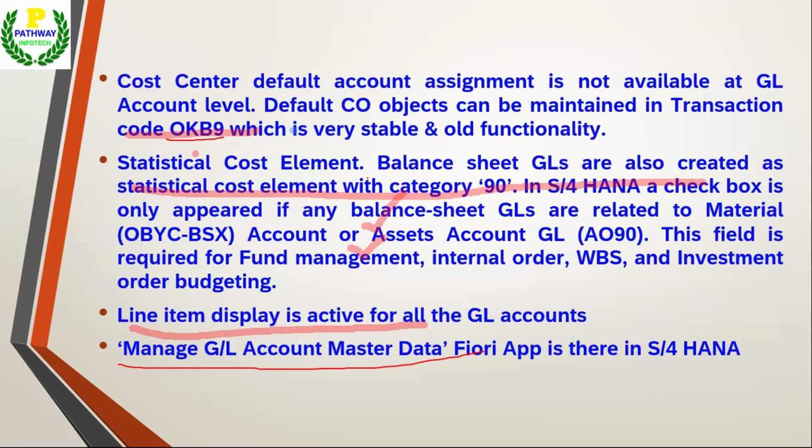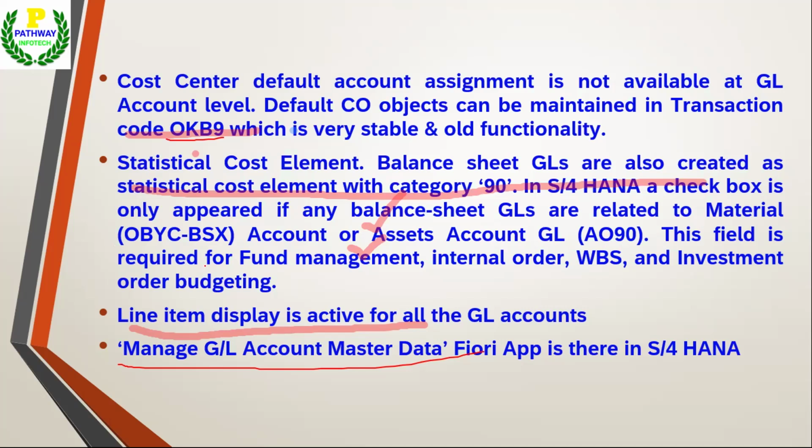Another thing is the statistical cost element. For balance sheet items, if you are creating any balance sheet items as cost elements, you can also select cost element category 90. In S4 HANA, a checkbox only appears if balance sheet GLs are related to material OBYC, I mean material management integration between FI and MM, or to asset accounting AO90.